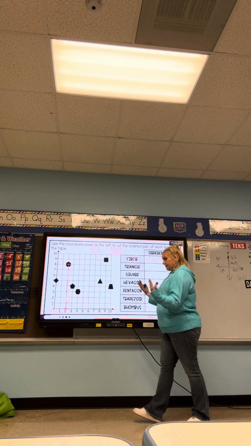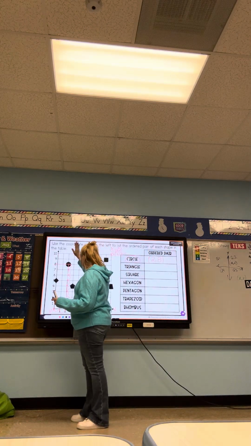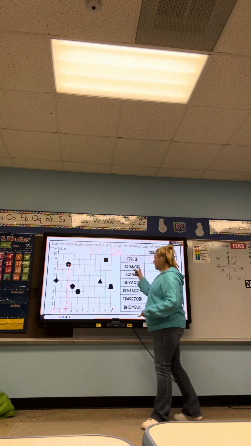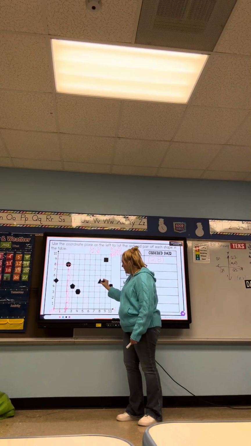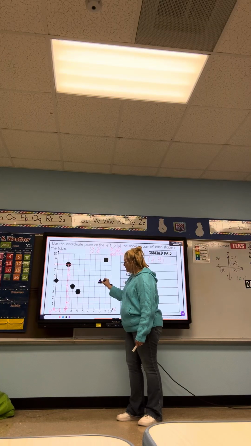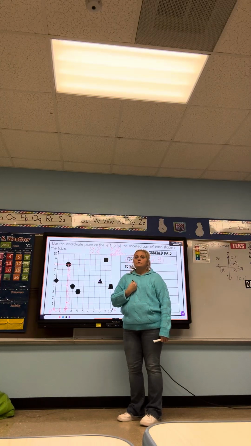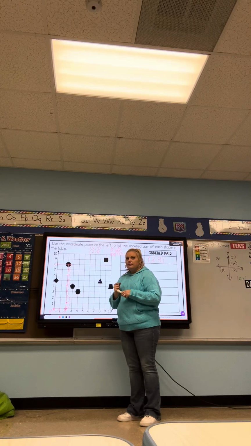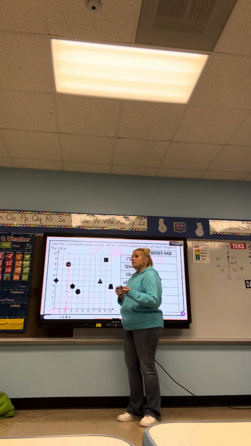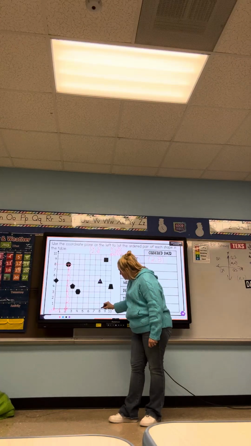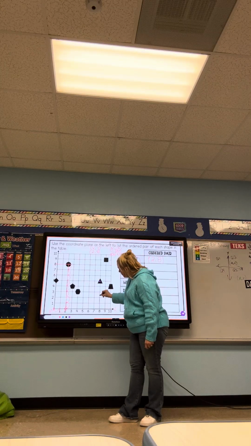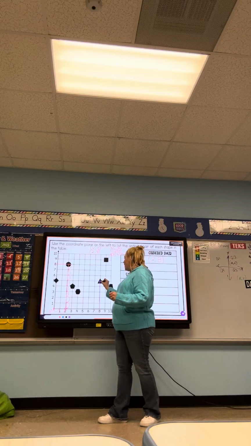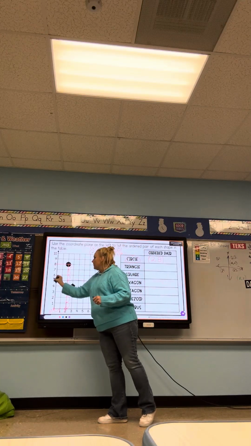All right, now let's do one together as a class. Let me change my color so it doesn't blend in. We're looking for the triangle. The triangle is right here. So what's one of the easiest things for me to do first? Jesse. Right. So we're going to line it out from the midpoint up, like that. And we're also going to go all the way across.